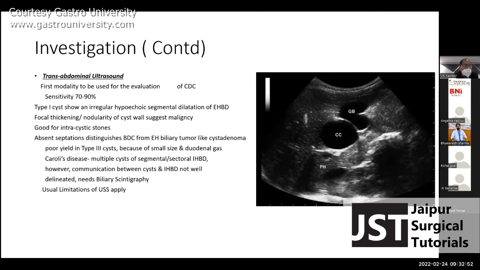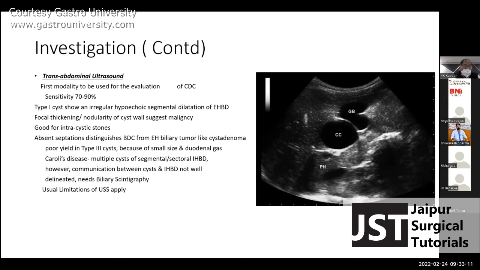Type 1 cysts at times show an irregular hypoechoic segmental dilatation of the extrahepatic bile duct. Focal thickening or nodularity of the cyst wall may suggest malignancy.